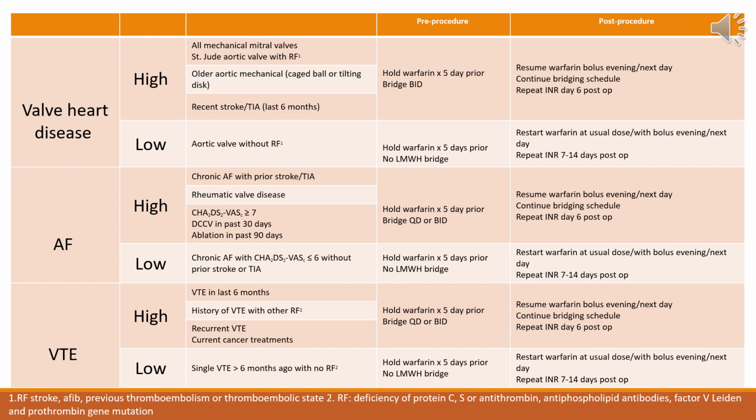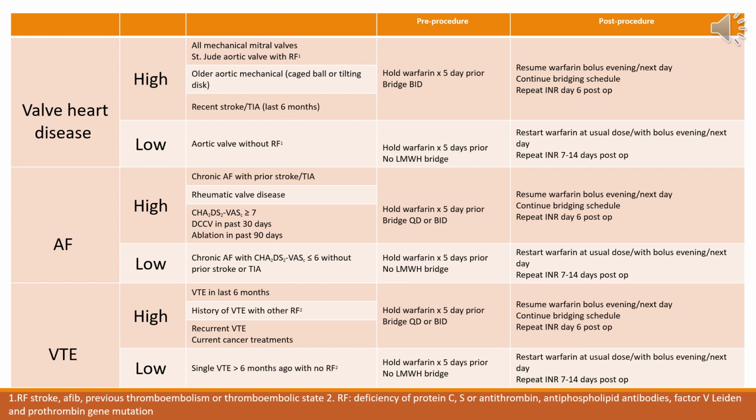Atrial fibrillation: you'll want to bridge if the patient has chronic AFib with a stroke or TIA in their medical history, rheumatic valvular disease, or a CHA2DS2-VASc of 7 or more, a direct current cardioversion in the last 30 days, or ablation in the last 90 days. And finally, for VTE, you'll want to bridge if the patient has had a VTE in the last 6 months, has a history of VTE with other risk factors.